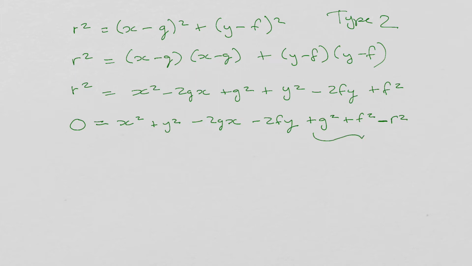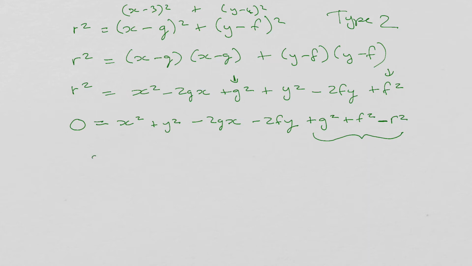These things over here are constants. If you think about it, if you had x minus 3 here, and you had y minus 4 there, this number over here would be 9, right? That'd be 9. This one would be 16. They're constants, right? So we group all the constants together, and we have all the variables separately.